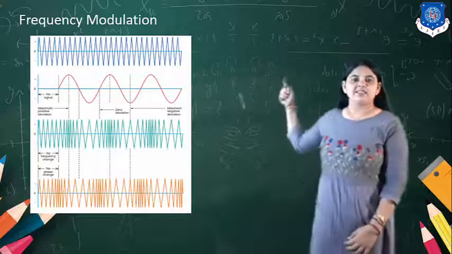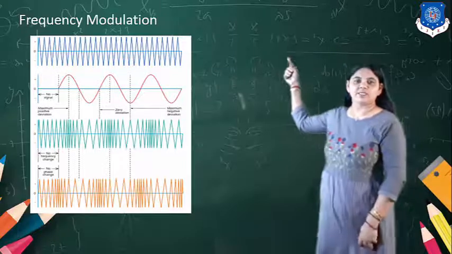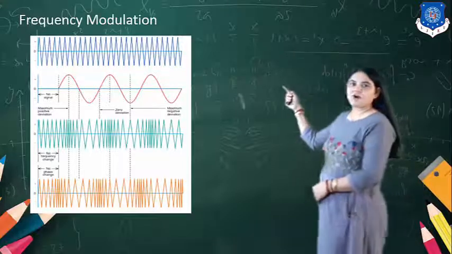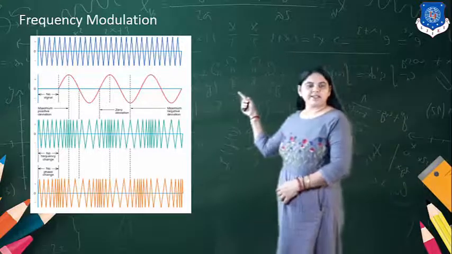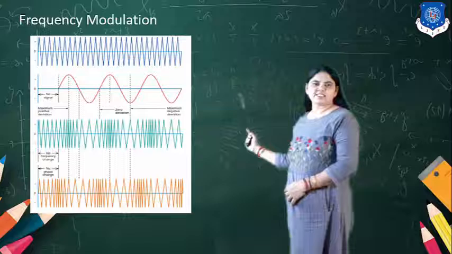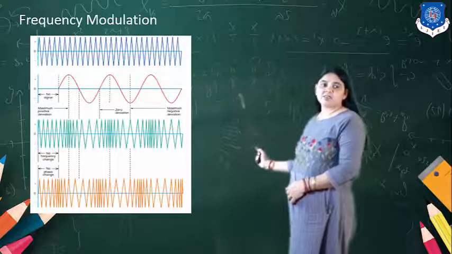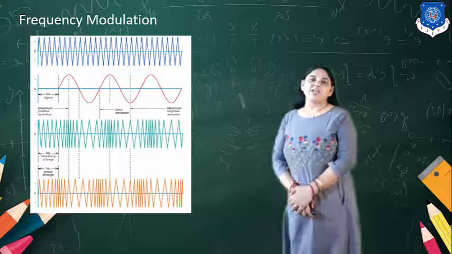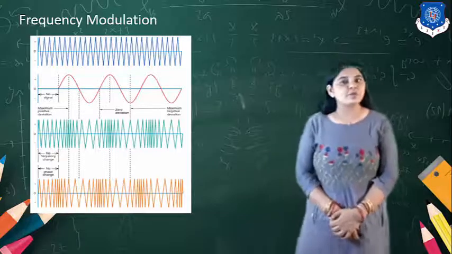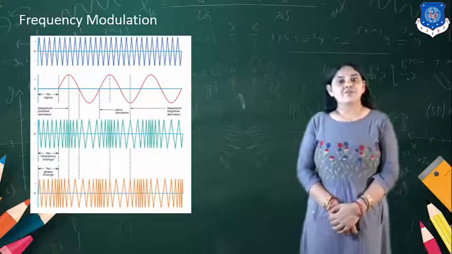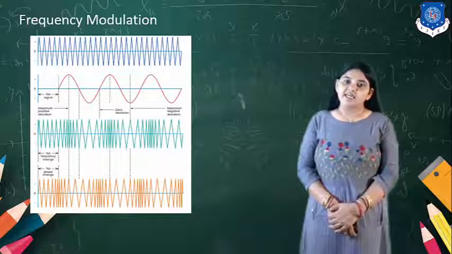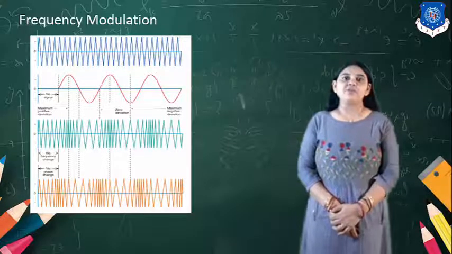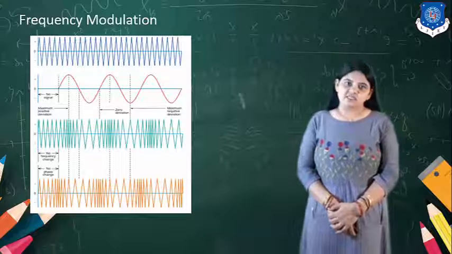Here in the diagram you can see the carrier signal, the modulating signal, and the frequency modulated output. Frequency modulation is the process in which the frequency of the carrier signal changes in accordance with the amplitude of the modulating signal.